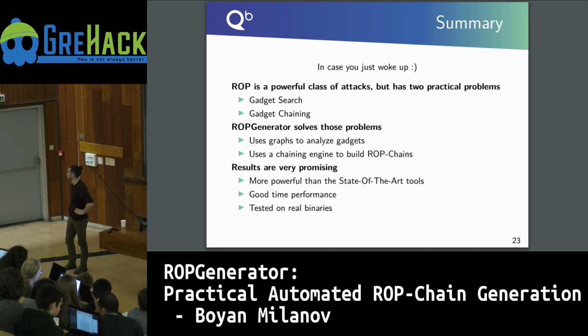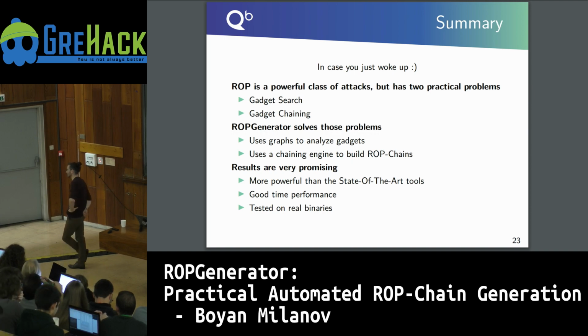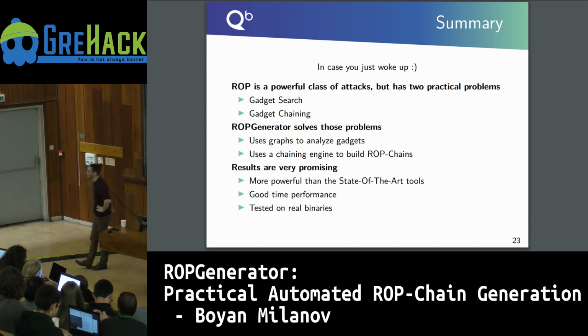So I have a question. Could you combine your approach with an SMT solver to make your queries quicker, or to help the user find the right semantic alternative ROP gadget? It's a very good question. Actually, when we started to write the tool, I was trying to use SMT solvers.